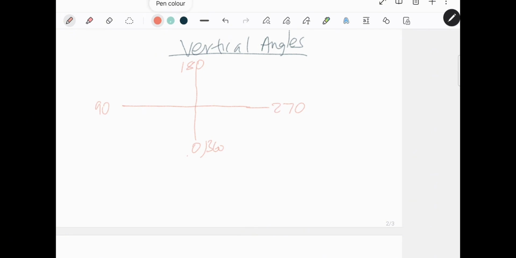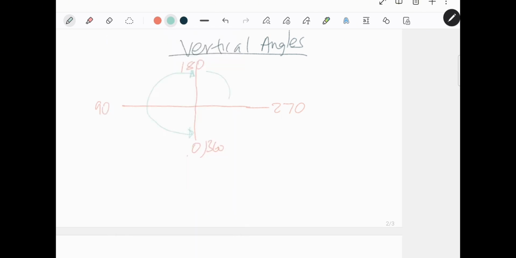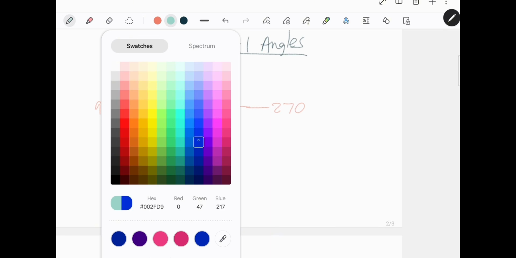So what I figured out is that if you take the angles between these numbers here, let me just use different colors here. Let's use blue for this side.